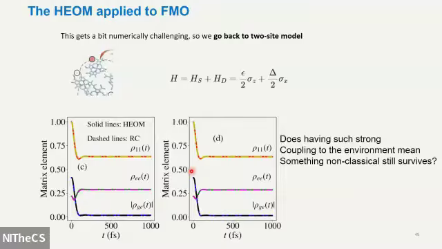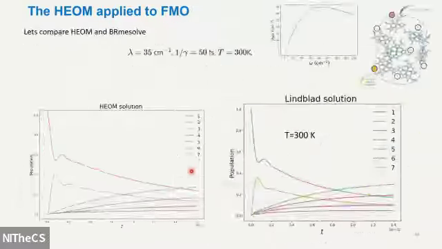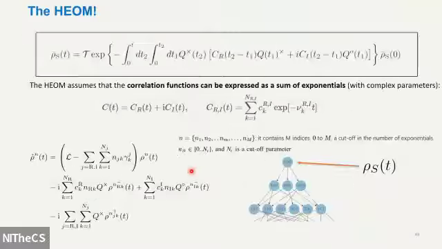With this correlation function story, it's actually quite difficult to bound the error that you get in the system dynamics from the error in the correlation fit. There were a couple of papers from Martin Plenio where they tried to derive some error bounds in that way, but they're very, very loose. So in practice, it doesn't tell you so much.